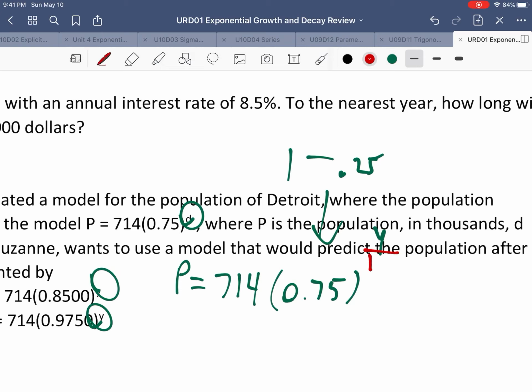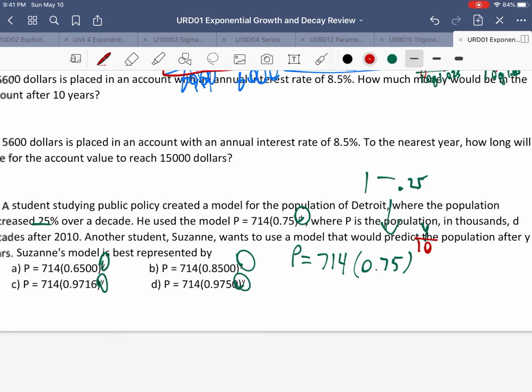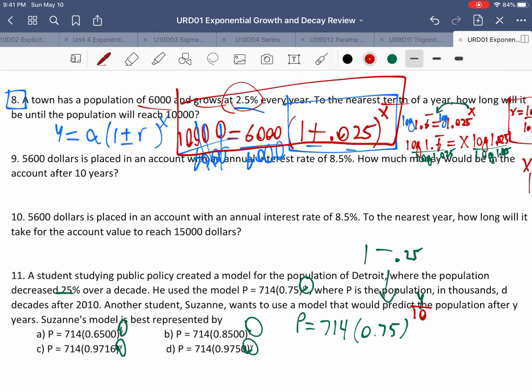So this is going to happen after 10 years. So when y equals 10, this will be the expression. So it's 714 times 0.75 to the power of y divided by 10, meaning after 10 years, we'll have 1 decade and it'll have the same representation.